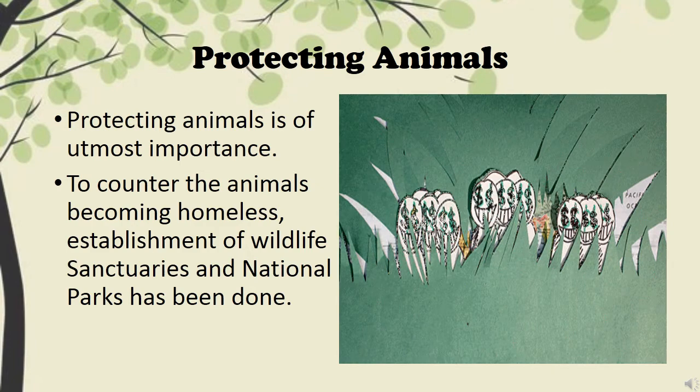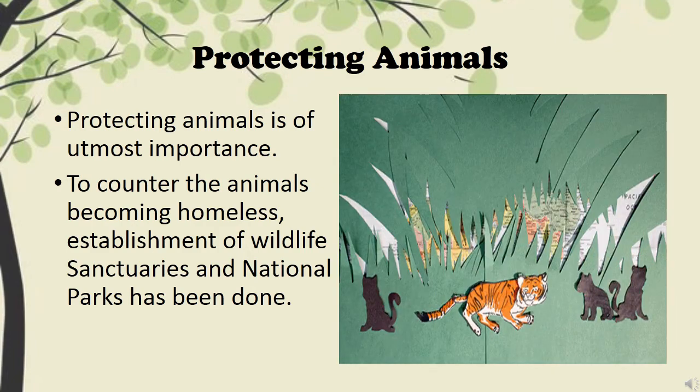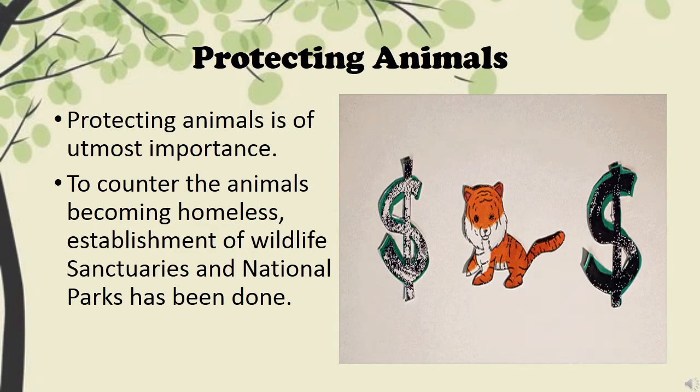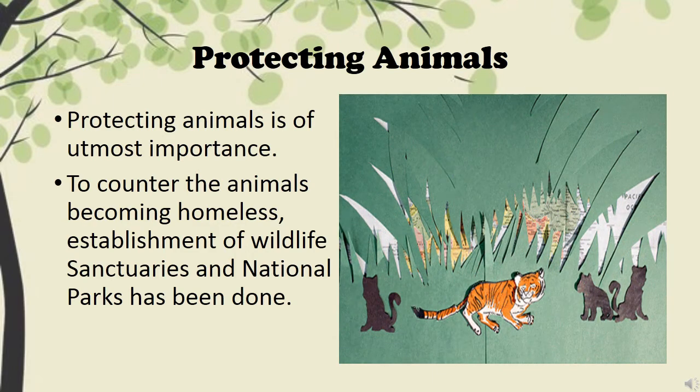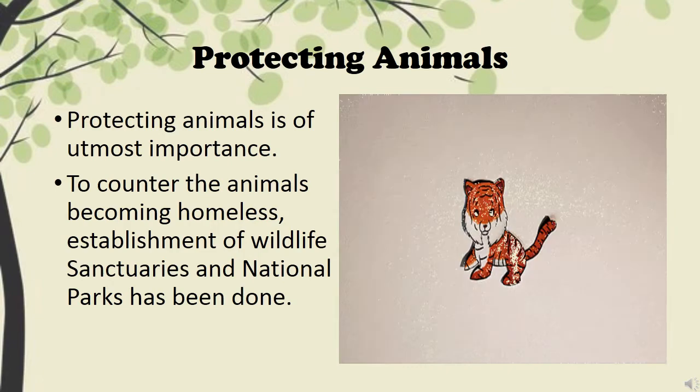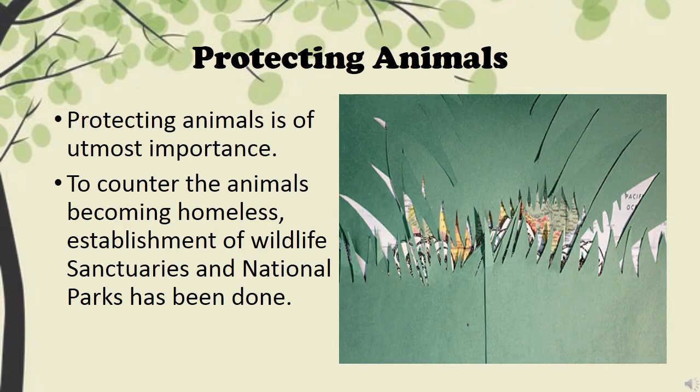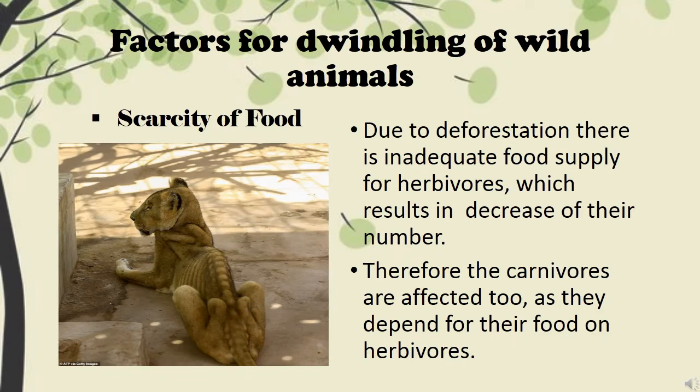Protecting animals is also of utmost importance. To counter the animals becoming homeless, establishment of wildlife sanctuaries and national parks has been done. Today we find many wildlife animals dwindling in number, means decreasing in number.